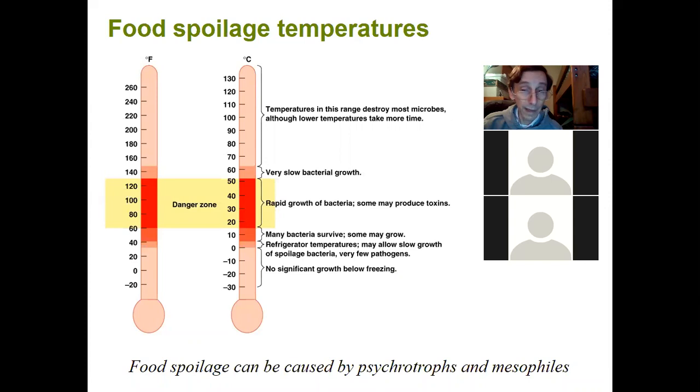Food spoilage can occur by mesophiles growing in the food before the temperature of the food gets colder in the refrigerator, and by psychrotrophs, the organisms that grow in between freezing, the very cold organisms, and the mesophiles.